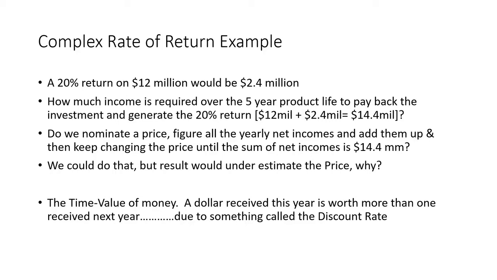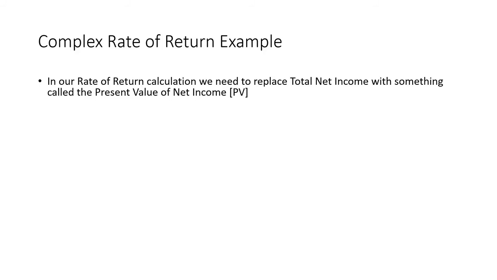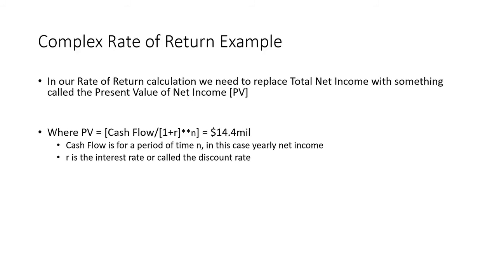So let's look at this example in more detail. In our rate of return calculation, we need to replace total net income with something called the present value of net income. What that means is we can calculate the present value of a future stream of income using this formula, where the cash flow or net income for a specific year is divided by 1 plus R, where R is the interest rate or discount rate we talked about.